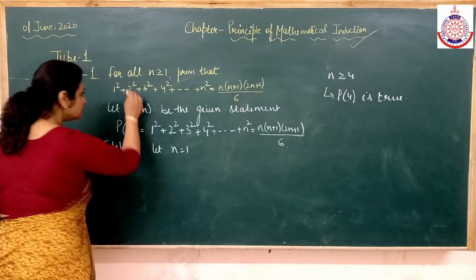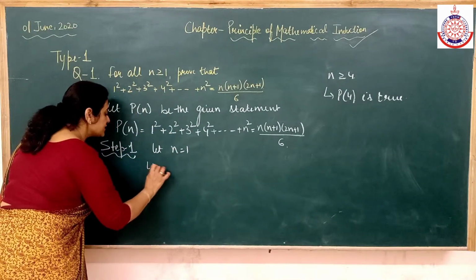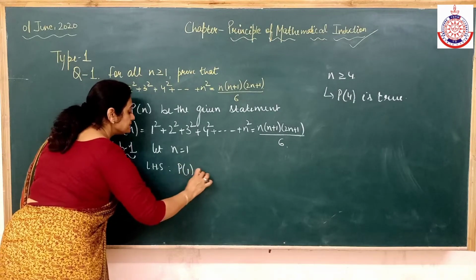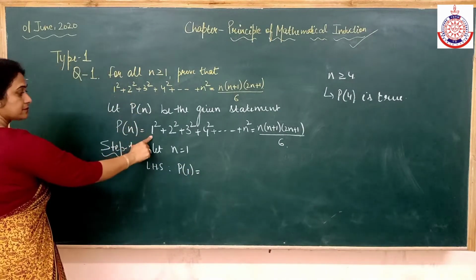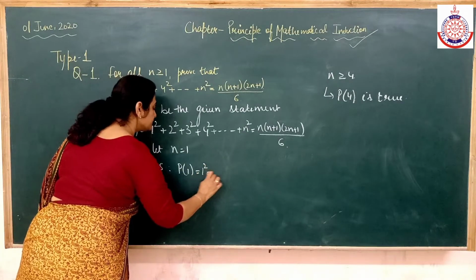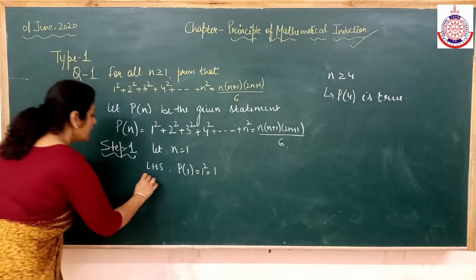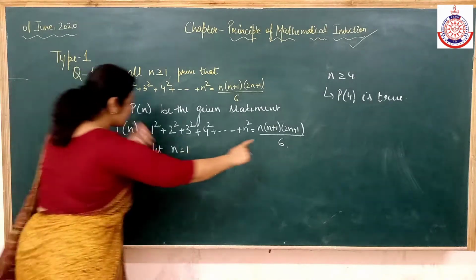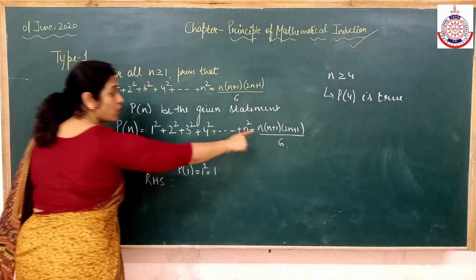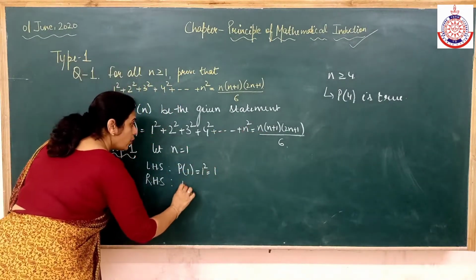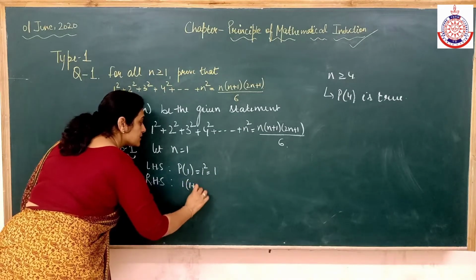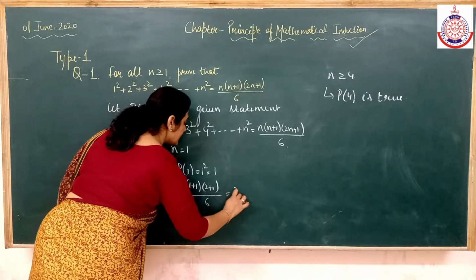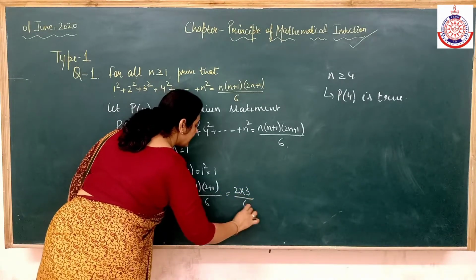So what I'll do? My left hand side. I need to find out P1. What is P1? 1 square, that is 1. Clear? Let's check the right hand side. What is the right hand side? Now I'll put n is equal to 1 here. 1 plus 1, 2 plus 1, by 6. That is 2 into 3 by 6.